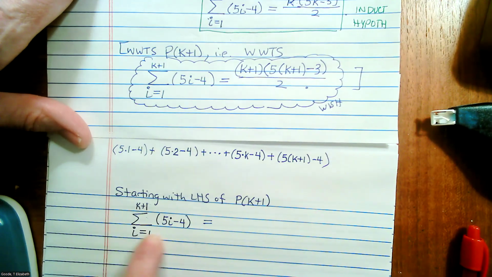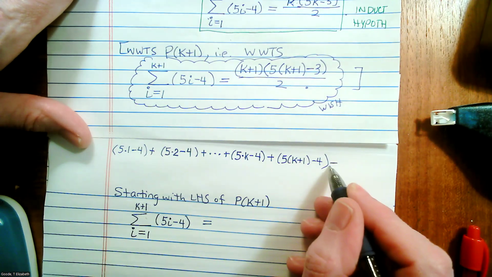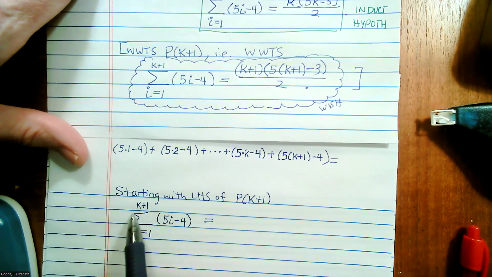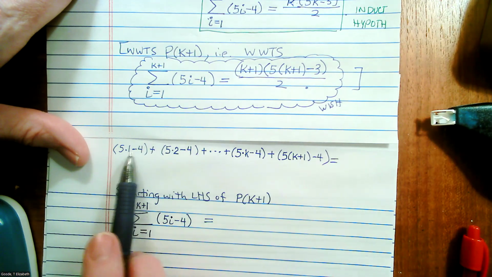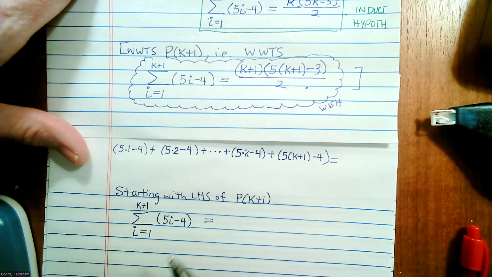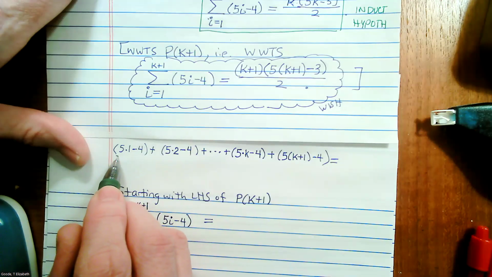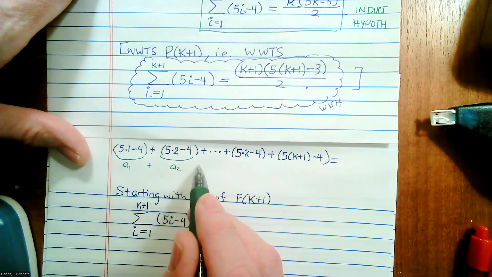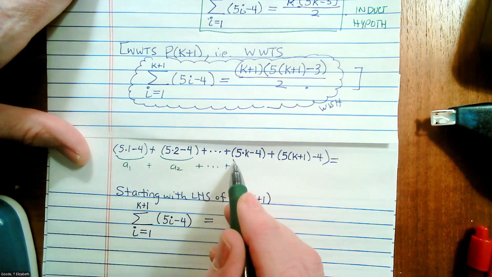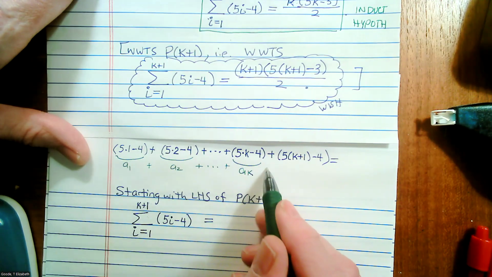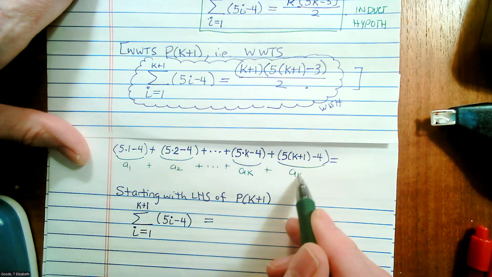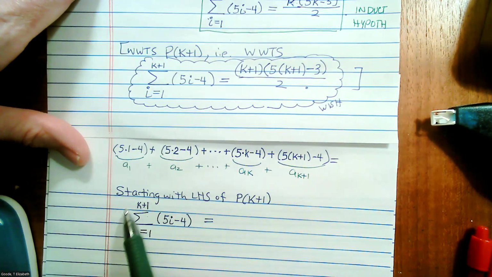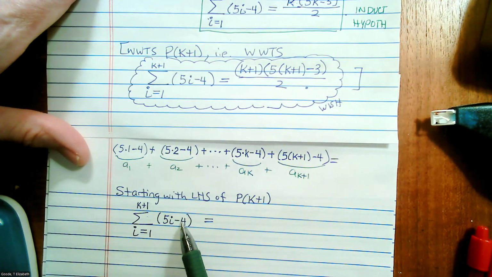So this closed form of the sum of the first k plus 1 terms is really this. Does that make sense? Now, this is term a1, this is term a2, this is the term a sub k, and a sub k plus 1. See it? That's what this really represents. This is just the closed form of this expanded form.